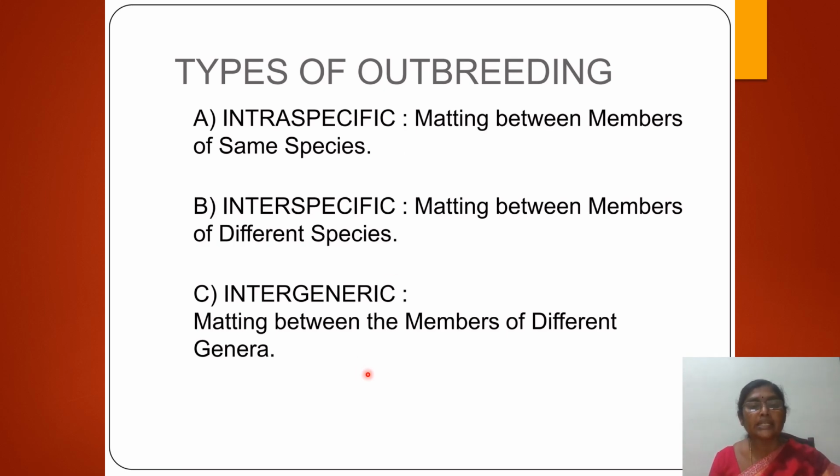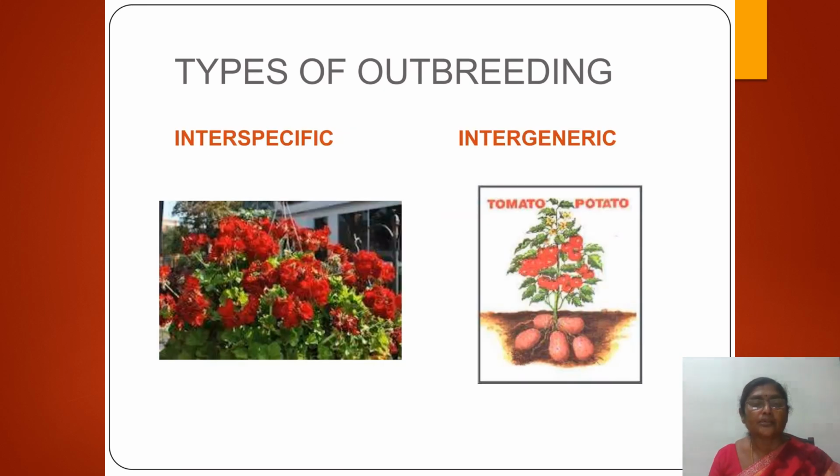Then intergeneric, mating between the members of different genera which belong to the same family. For example, Solanum nigrum, Solanum melongena, Solanum tuberosum, Solanum surattense. Like that, within the genus, the cross can be made. In the family, between two different genera, if the cross is made, then it is called intergeneric.